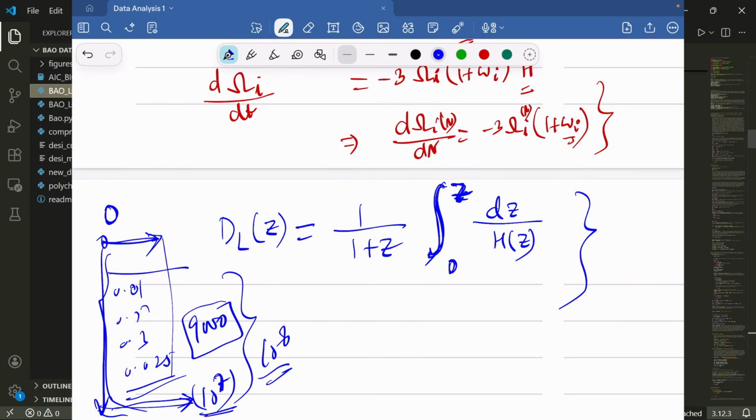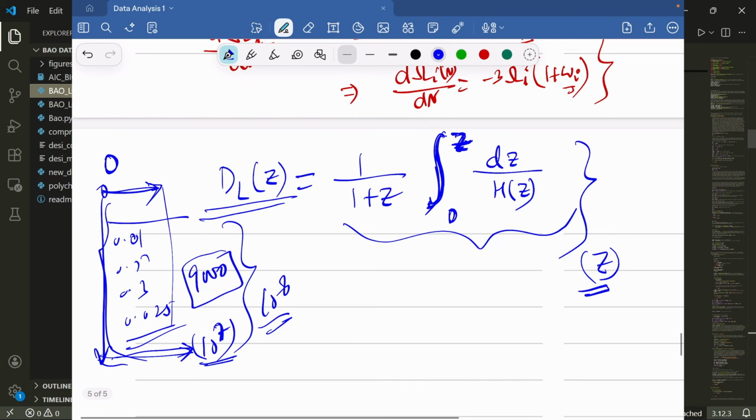This is insane, isn't it? It will take my different z and try to interpolate, try to estimate the continuous function. I don't want to do it. So how can I do it? I will again use the differential form for this and replace z by N.